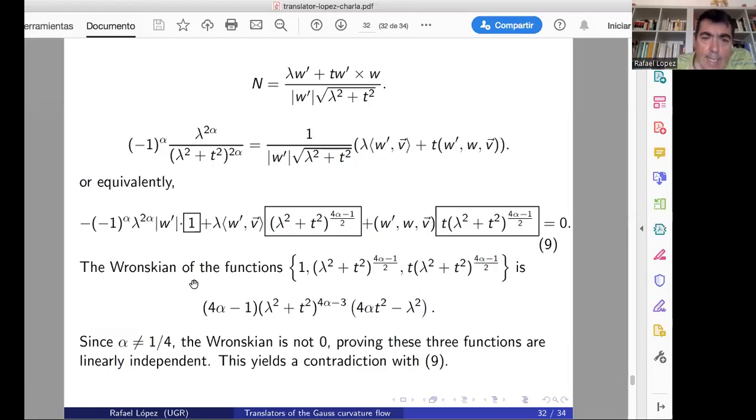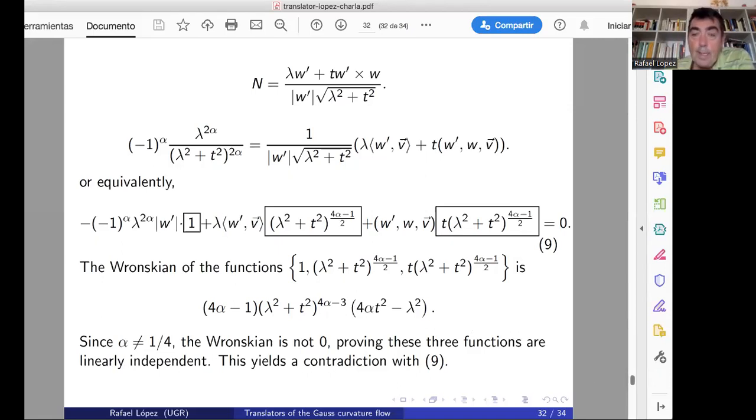Then I consider the Wronskian of the three functions, and this is the Wronskian. Remember that alpha is an integer, then this number is not 0. Because t is arbitrary, this number cannot be 0, and then this is a contradiction, because here we have a relation of the three functions. This is the idea of the proof.